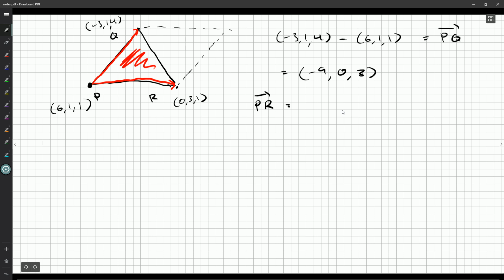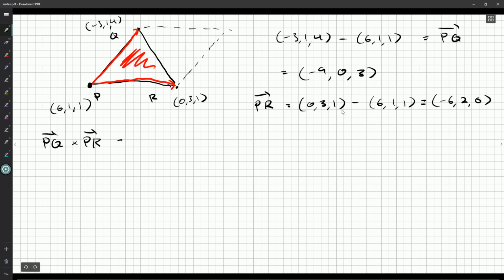It doesn't matter as long as it's a different vector from PQ. (0, 3, 1), and our starting point was (6, 1, 1). We get (-6, 2, 0). So now we take these 2 vectors, cross product them, find the length, and divide by 2.